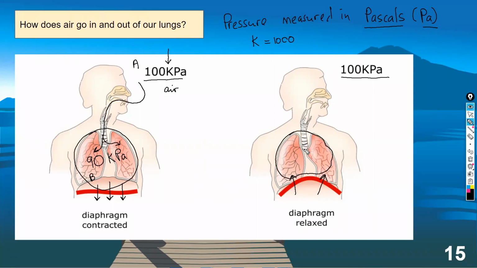And of course, when the space gets smaller, the pressure will get higher. So let's just call it 120, just for simplicity. Because you made the inside of your lungs area smaller, the pressure gets higher. So now the air has to move from high to low, so it will flow out of your body.